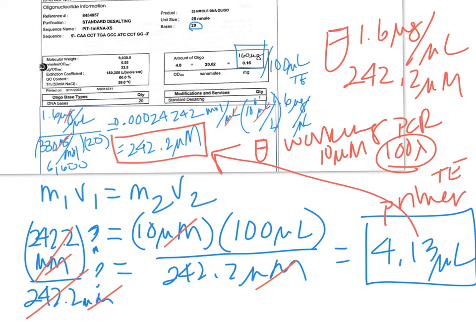If we do 100 minus 4.13, well, if we did 100 minus 4, it'd be 96. So we're going to get 95.8-ish microliters of TE. That gives us our working 10 micromolar in 100 microliter solution. And that's how you do calculations.